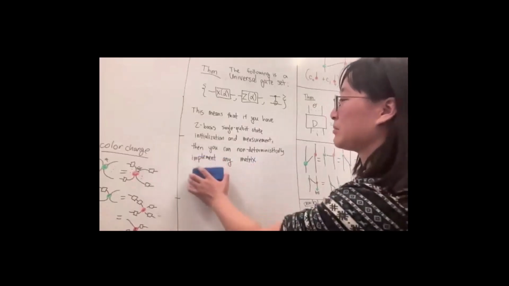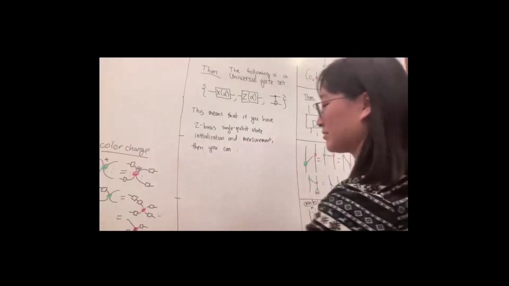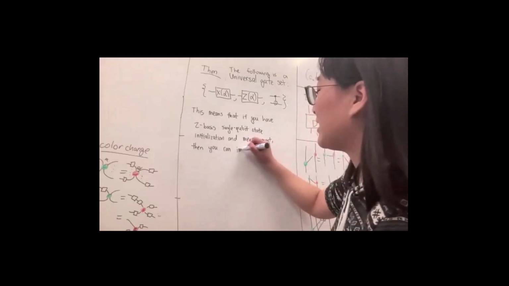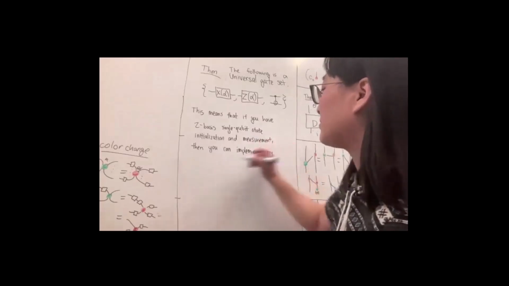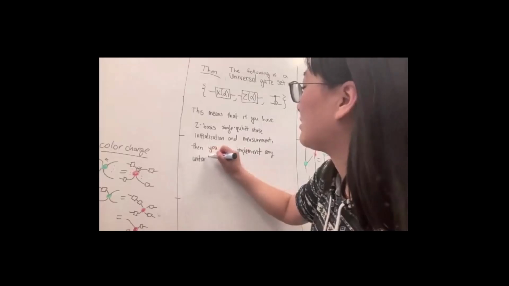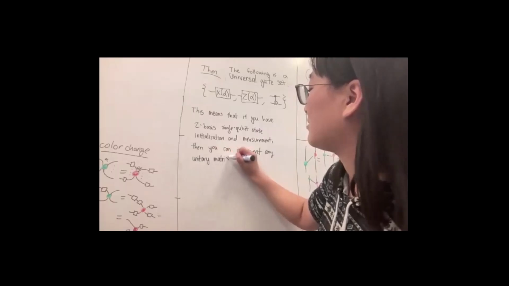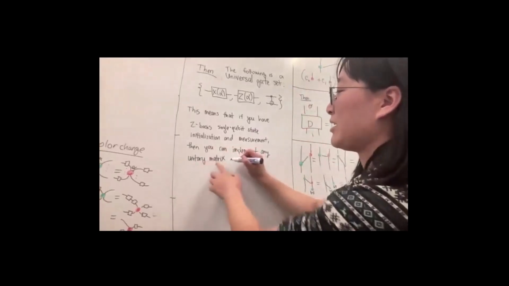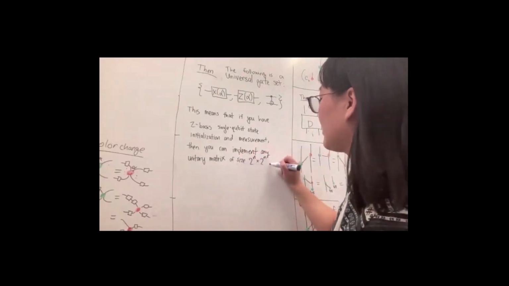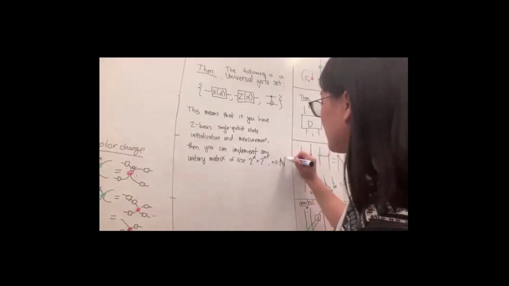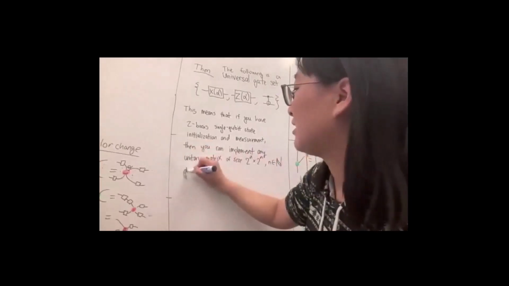We won't have to worry about determinism so far, because actually it's probably better to just say that. So you can implement, this is equivalent to saying that you can implement any unitary matrix of size 2 to the n by 2 to the n, for some natural number n, deterministically in this gate set.